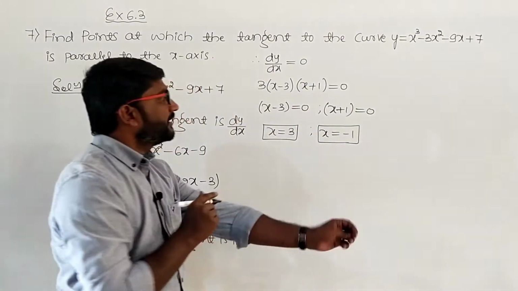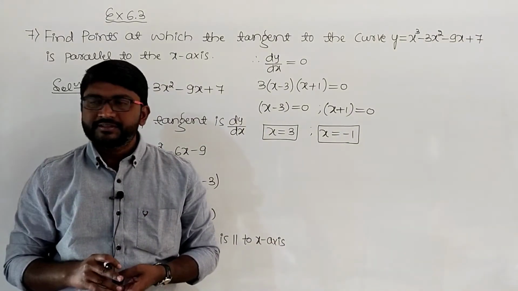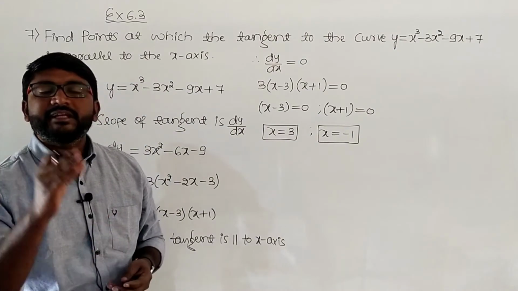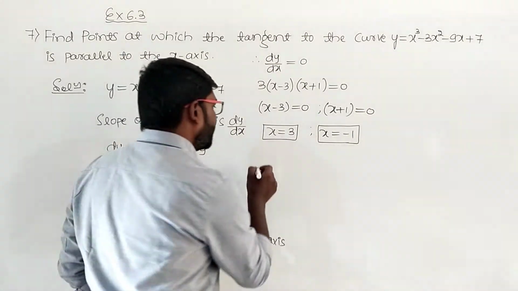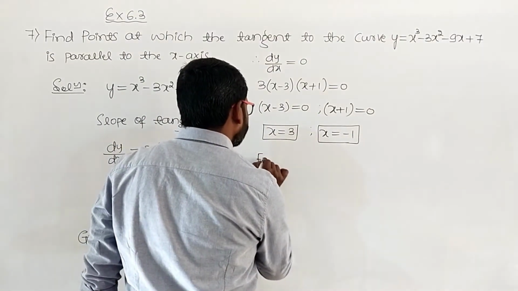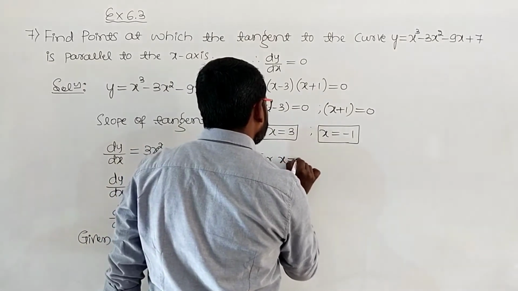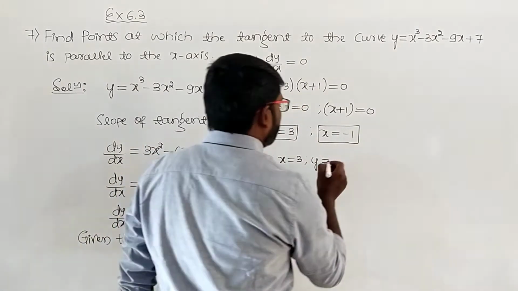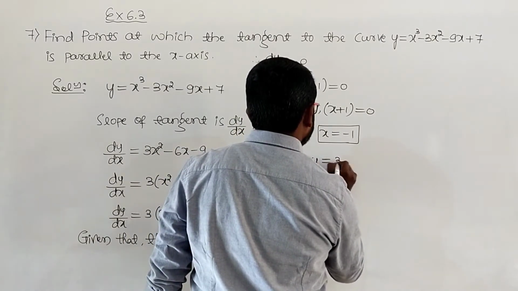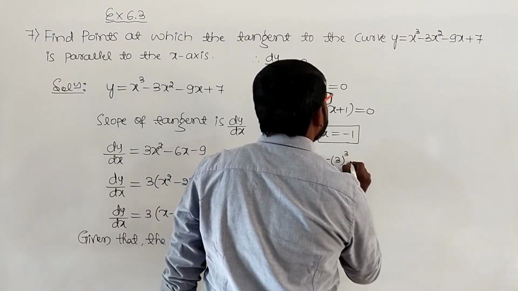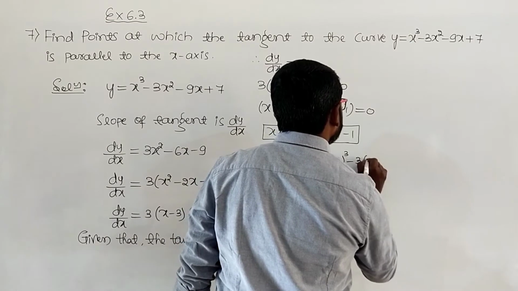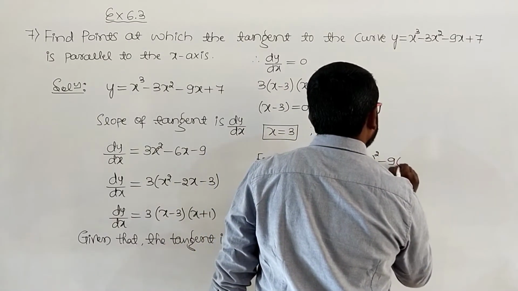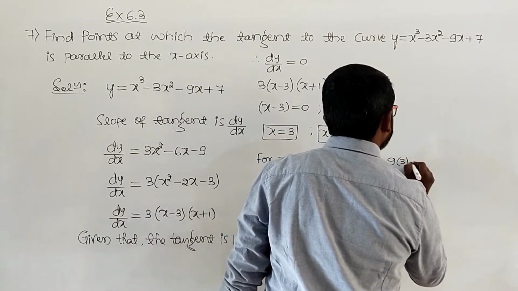And now you have two values of x. Substitute these two values in the given equation of the curve, we get the corresponding value of y. For x equal to 3, what happens to y now? y equals x cube minus 3x square minus 9x plus 7, with x equal to 3.